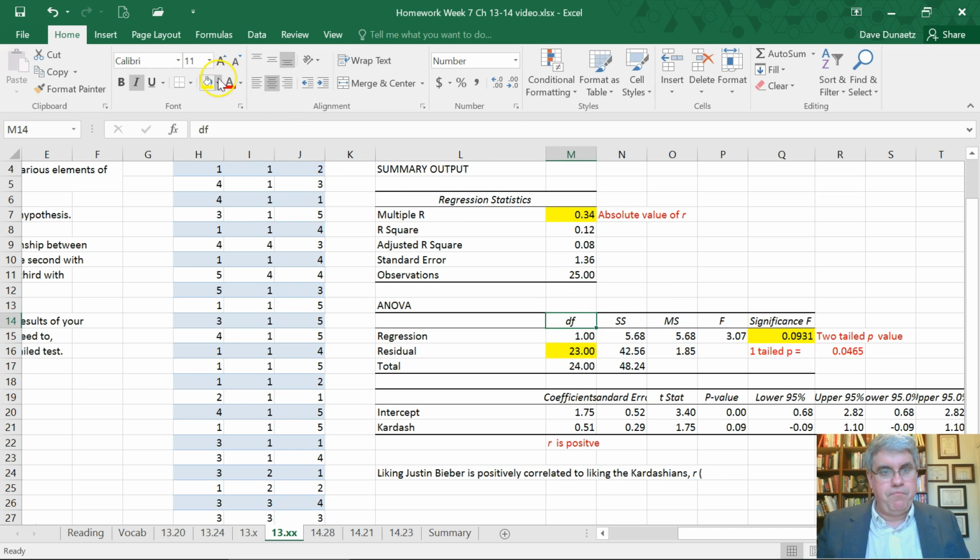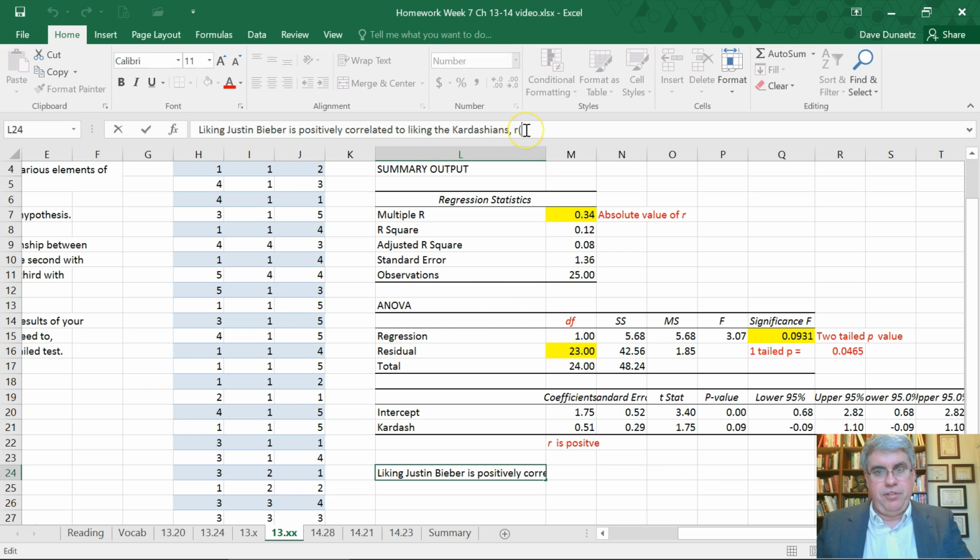And we put that in parentheses right after the R. 23, close parentheses, space, equals, space, 0.34, comma, space, then Control I, P equals 0.047.